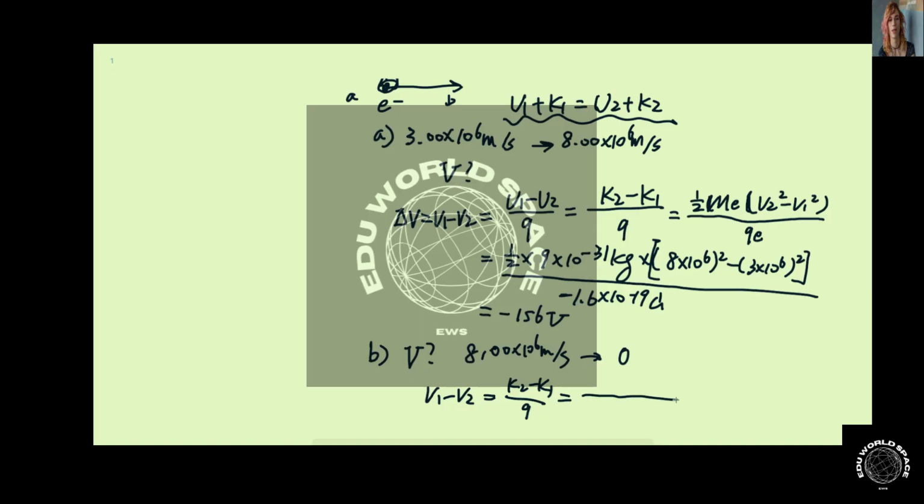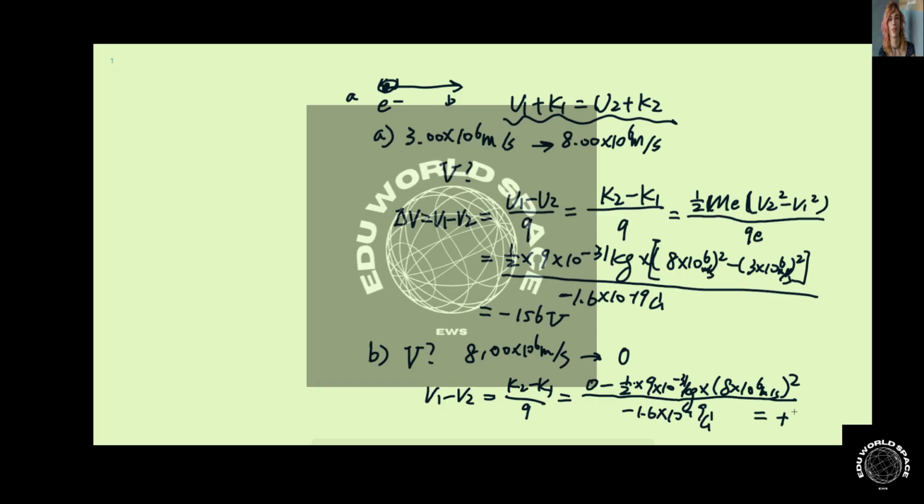So we have 0 minus 1/2 of me, and K1 is 8 times 10 to the 6 meters per second, squared, over negative 1.6 times 10 to the negative 19 coulomb. And this time it gives us a positive value. It gives us positive 182 volts.